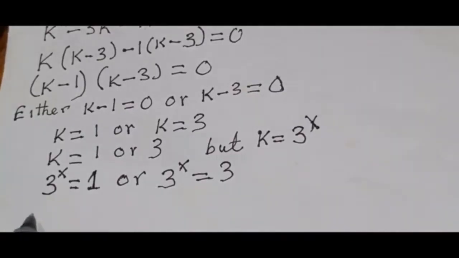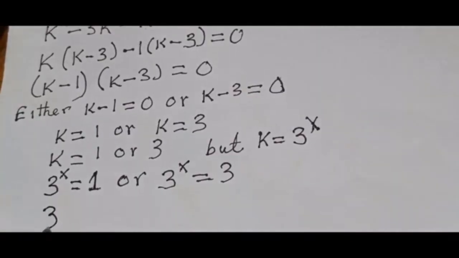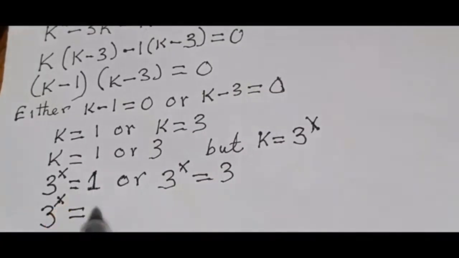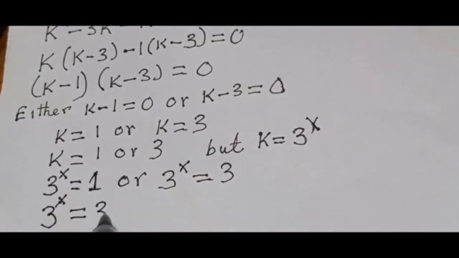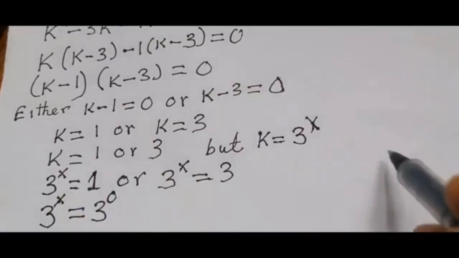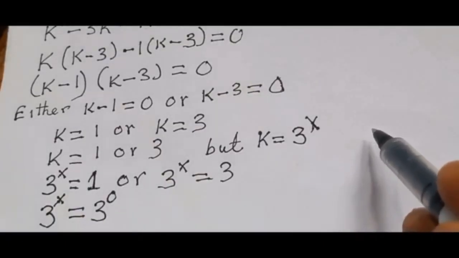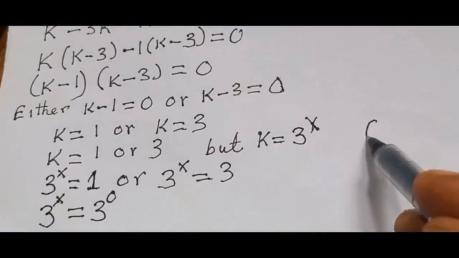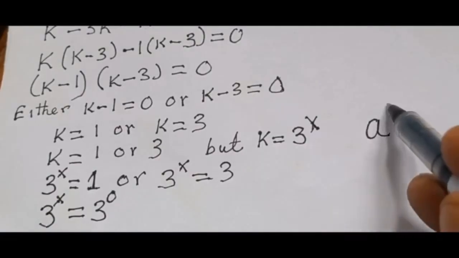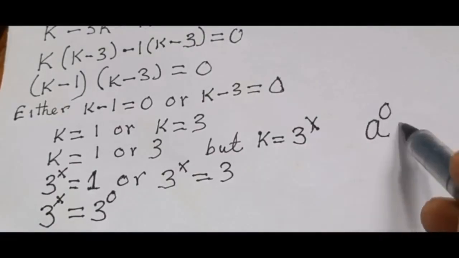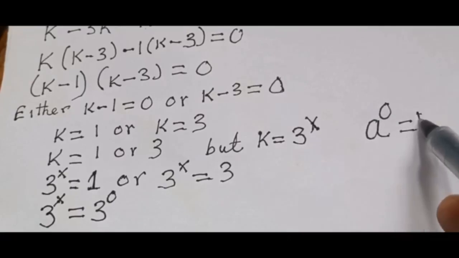So this one is the same as to write 3 raised to power x. Instead of writing 1 here, we write 3 raised to power 0 using the law of exponents, which is the zero exponent. We know any number raised to power 0, the answer is what? 1.